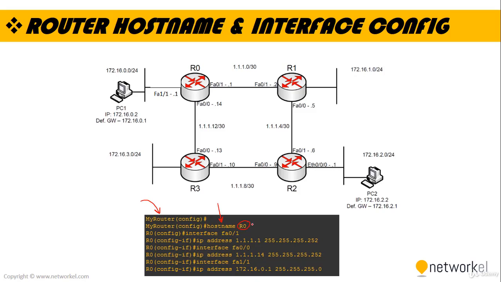As soon as I press enter, as you can see, the hostname changed to R0. And if I want to configure the interface, I need to go to interface mode by typing interface and the name of the interface, which is FastEthernet 0/1 for this one. And I type ip address, the IP address of the interface and the subnet mask of the interface.